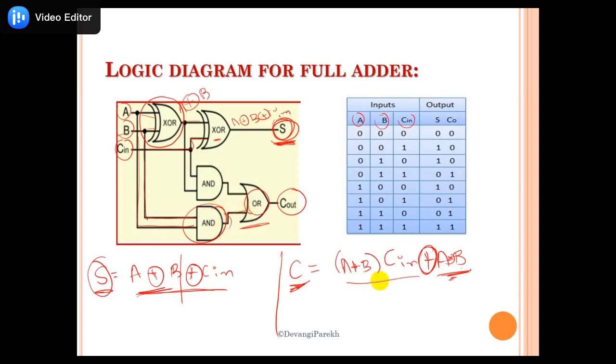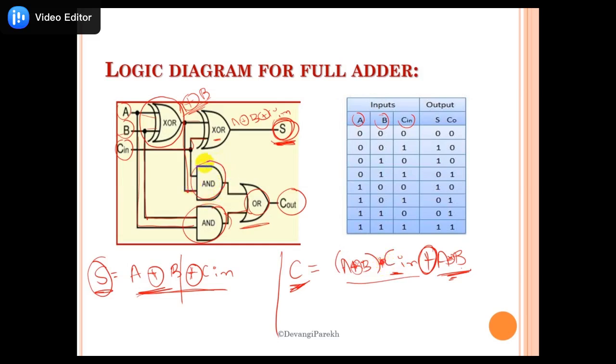In this portion, first of all we have to give A XOR B into C in. A XOR B is there, so the A XOR B output is here. We have to draw a direct line from this, and into C in. Into means AND operation.